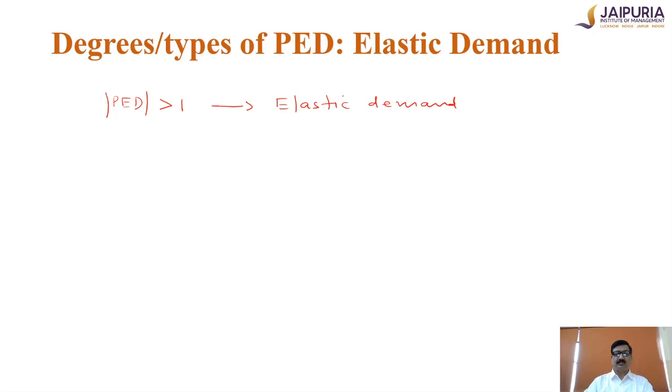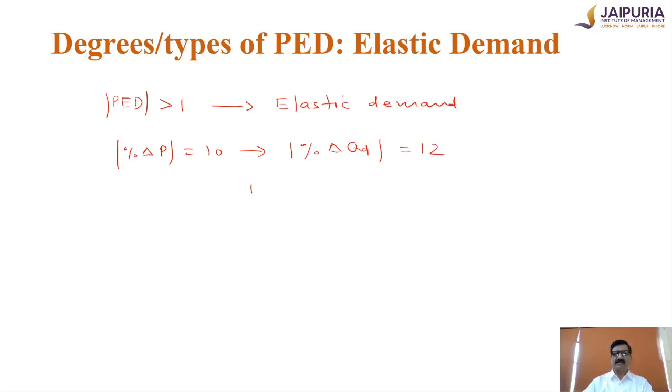What does it mean? Suppose absolute percentage change in price is equal to 10, right? And it leads to percentage change in quantity demanded, and suppose it is equal to 12.